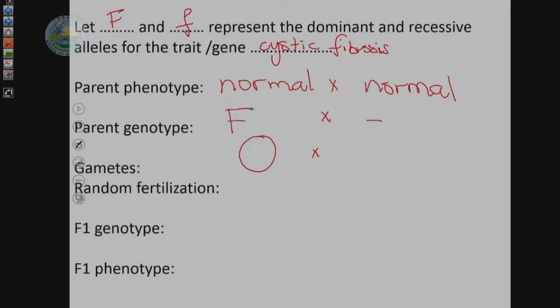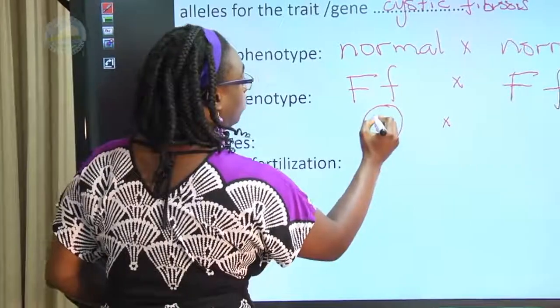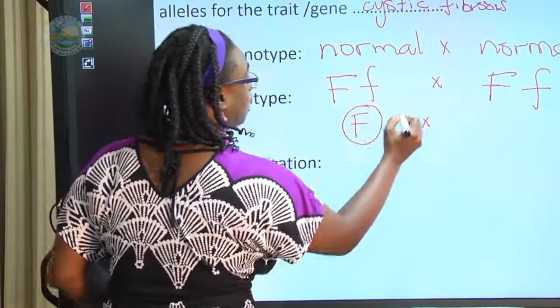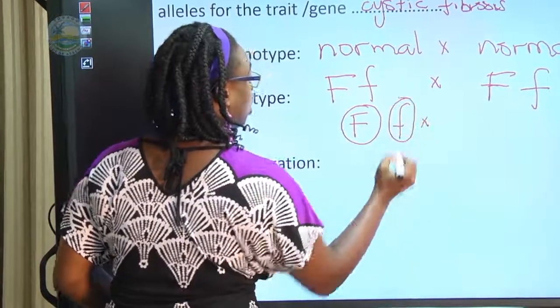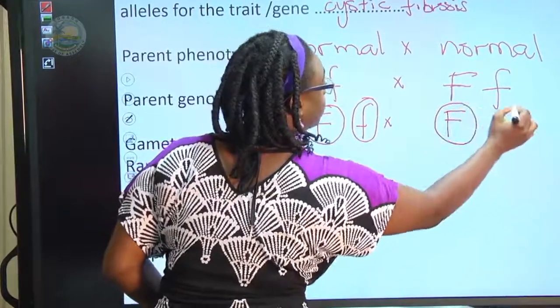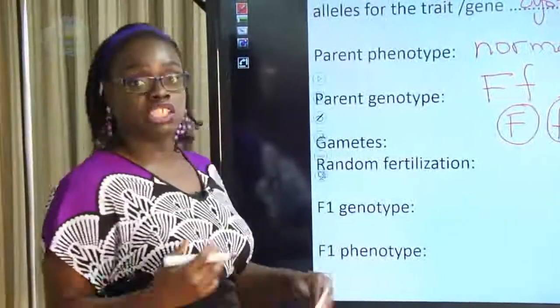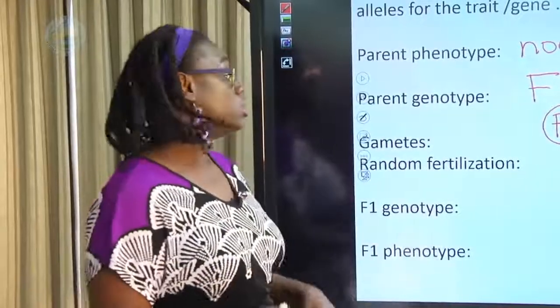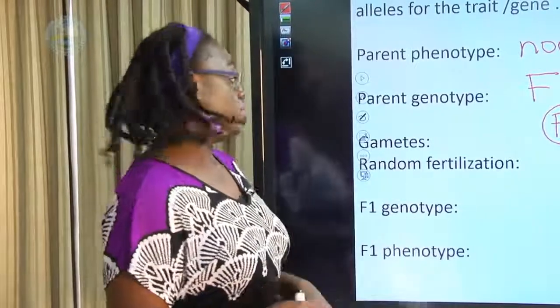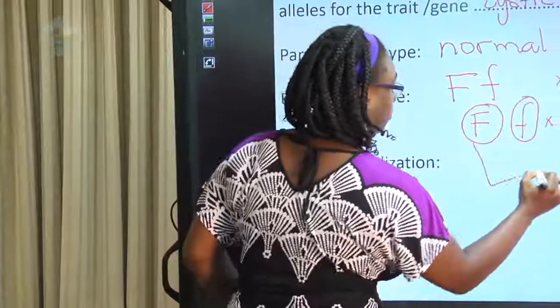So they're heterozygous, and therefore some of the gametes they produce will contain capital F, and some will contain small f alleles. And as usual, we look at all the possible combinations that these gametes, when they meet and fertilize, would create.